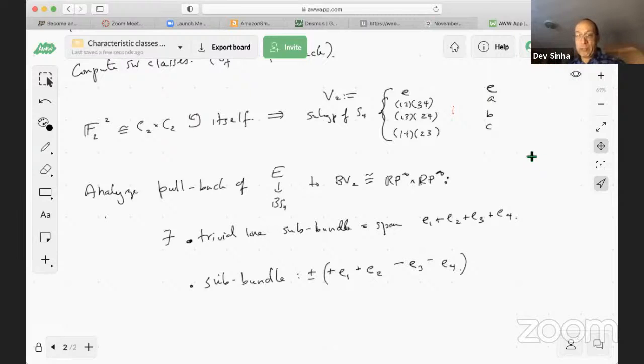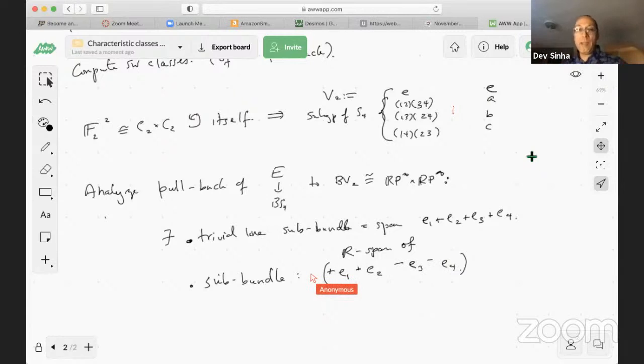But that's okay in terms of defining a line bundle. If I include just the R span, and then of course I would need to say plus minus.